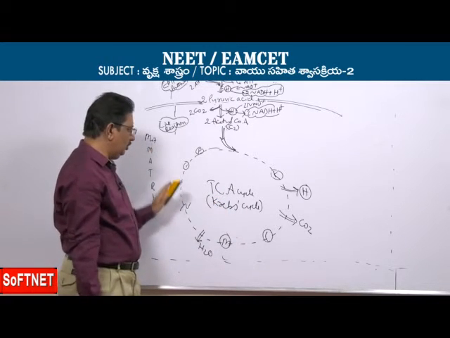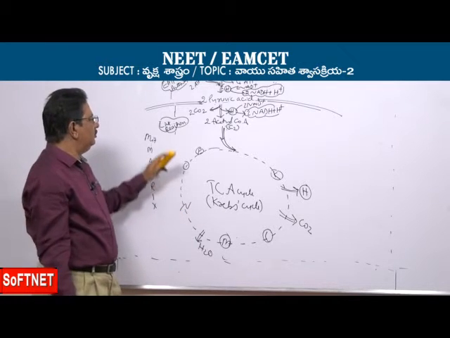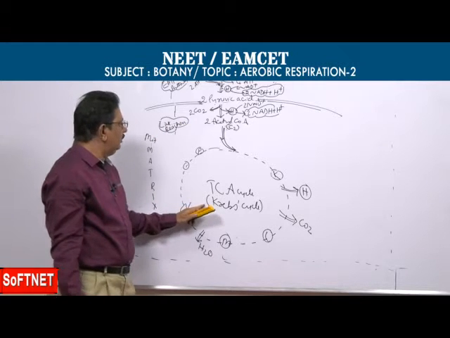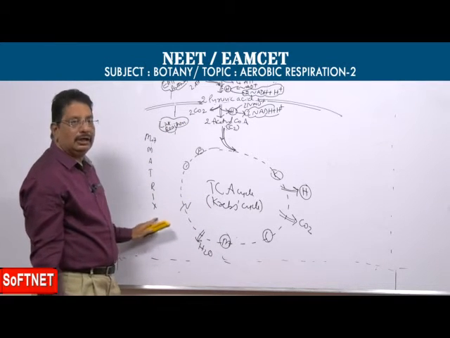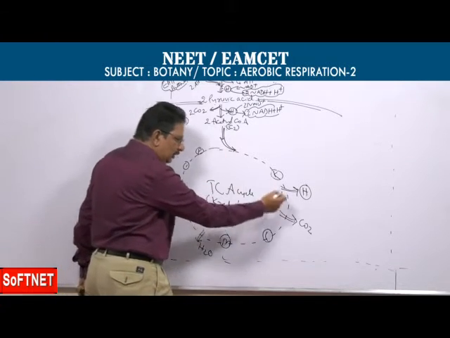It is also going to occur in the mitochondrial matrix. So, the link reaction and Krebs cycle both are going to occur in the mitochondrial matrix. So, what are the compounds that are formed?